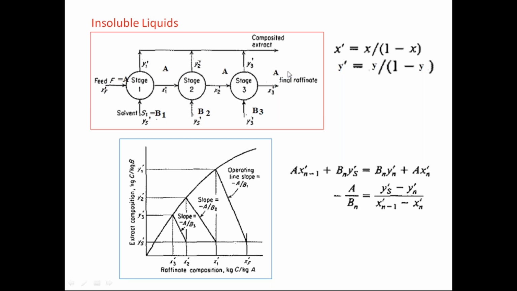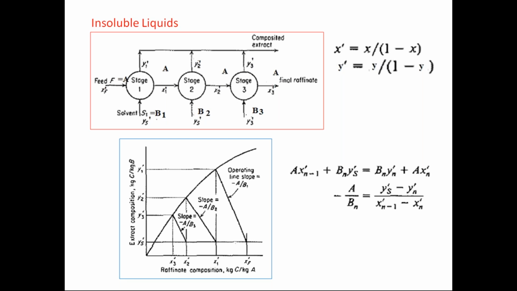Similarly, B is not getting dissolved in A. So whatever B is entering along with the organic solvent, the same B will come out. If you give B1, here also you will get B1. If you give B2, here also you will get B2. And if you give B3, you will get B3, because they are immiscible in each other.